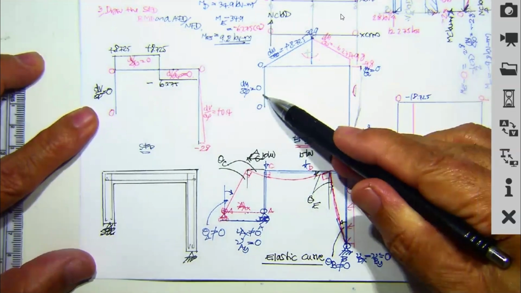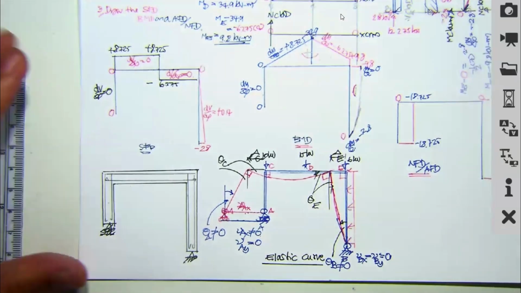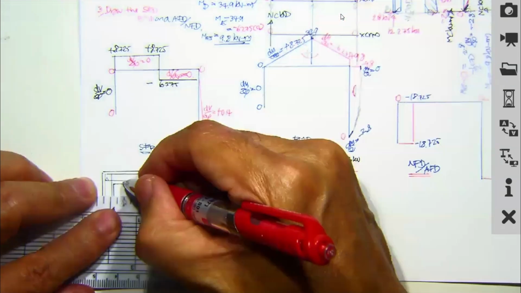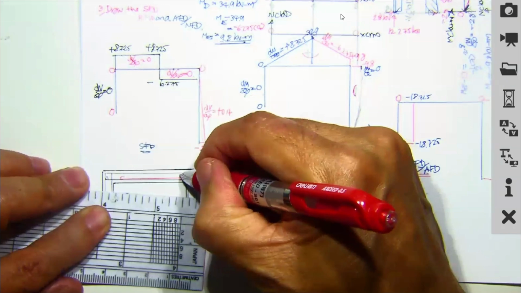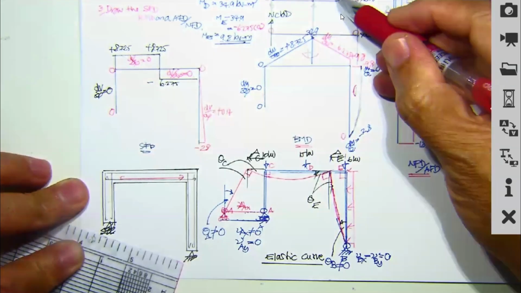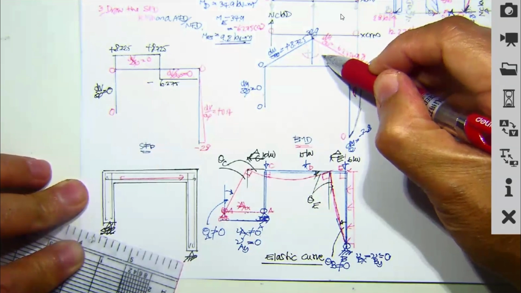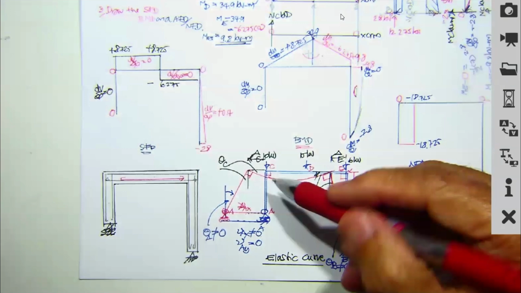This one has no moment, so no extra reinforcement for the column. This one is positive, so you should add extra reinforcement for this moment, to take care of the bending on the bottom of this one.